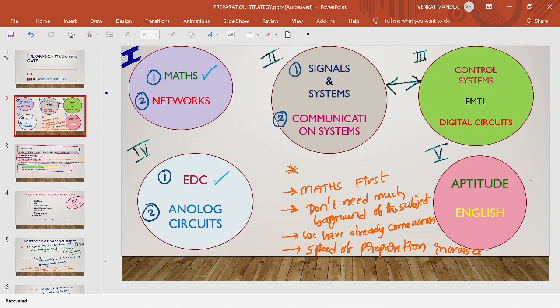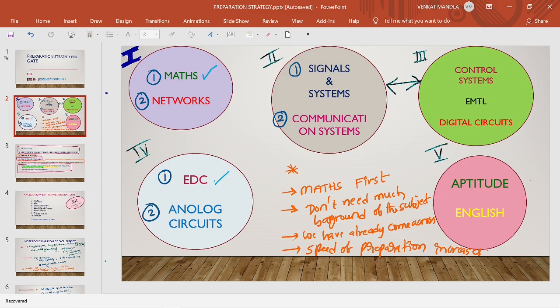You can easily get onto the track, a free flow. That will definitely increase your speed of preparation and affect your next subjects also, because the flow will continue. So my suggestion is start with maths. That is the biggest suggestion I can give here.